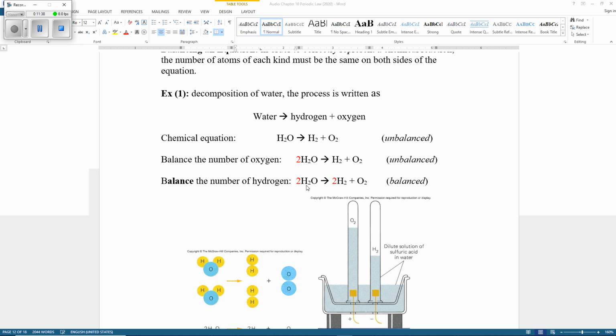Before you have two water molecules, totally that's four hydrogen and two oxygen. And after, you have two times two give you four hydrogen and two oxygen. So before and after, they're balanced.